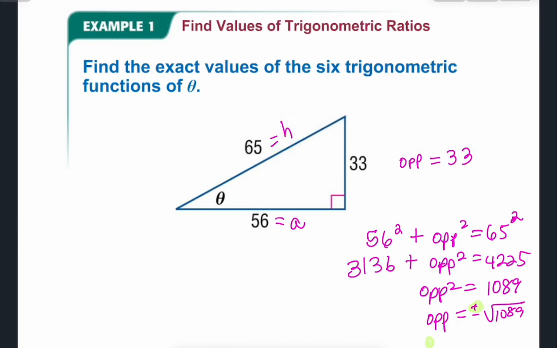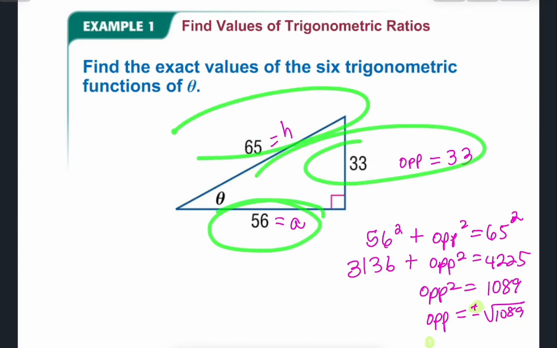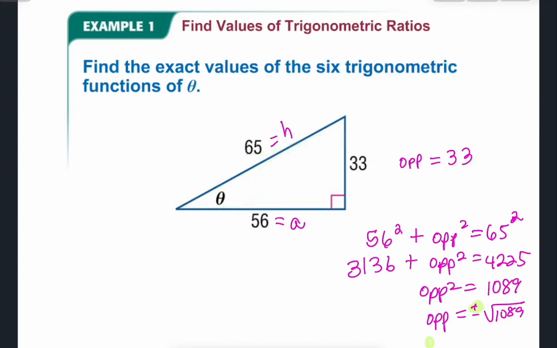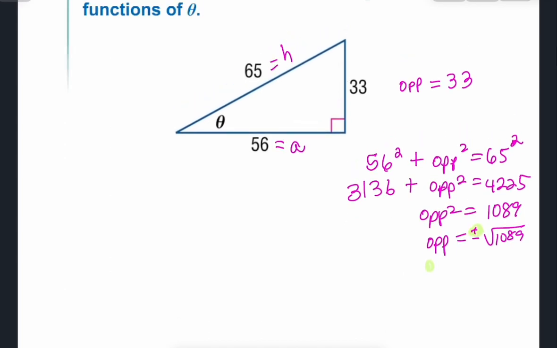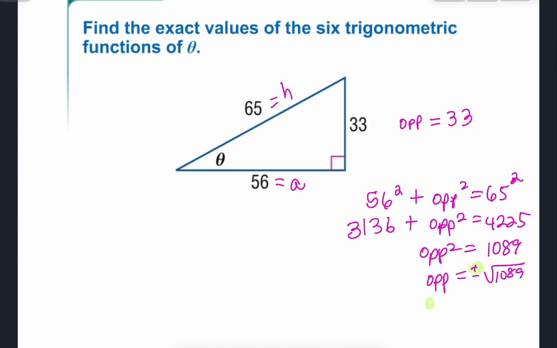Okay. So that should always be your first step. If you see that you don't have 3 sides of the triangle, you've got to find all 3, and you want to label them. This is my adjacent, this is my opposite, this is my hypotenuse. Once that is done, over here on the side, I'm going to write the sine of theta, the cosine of theta, and the tangent of theta.